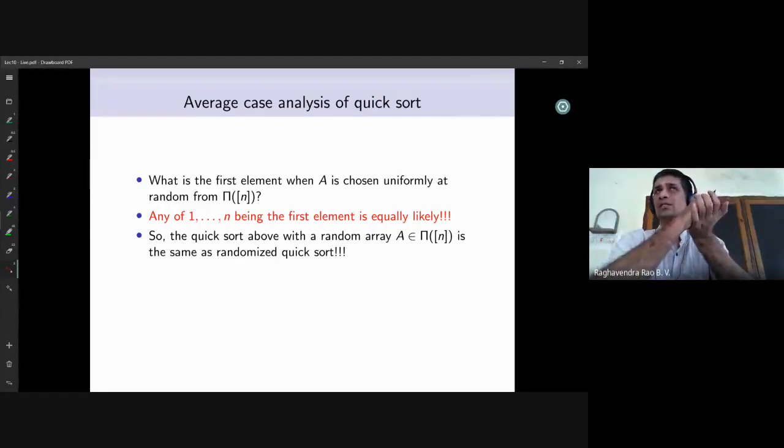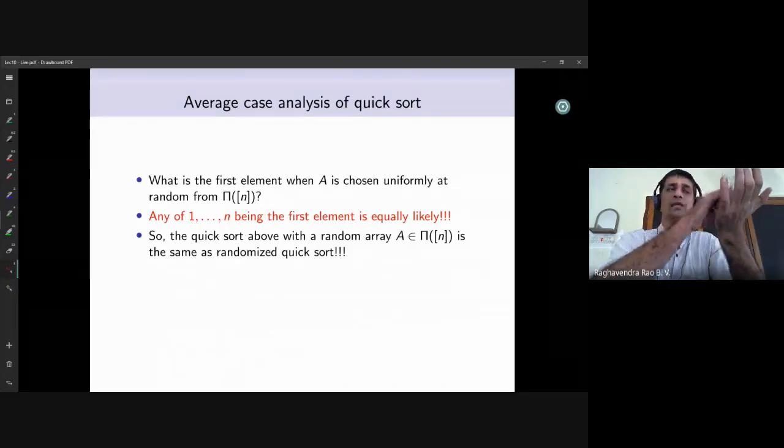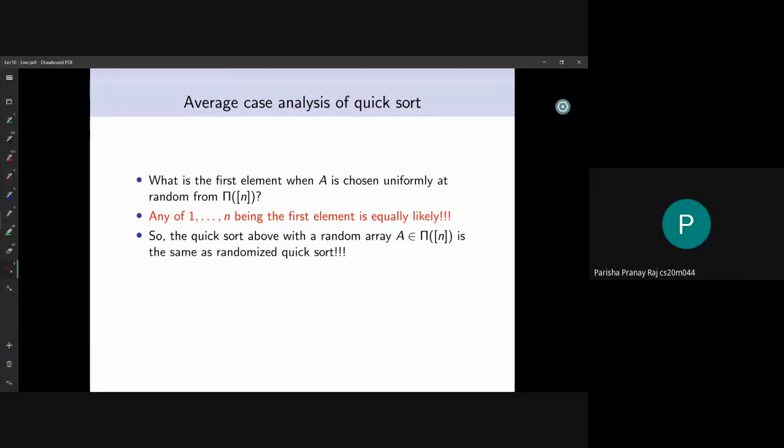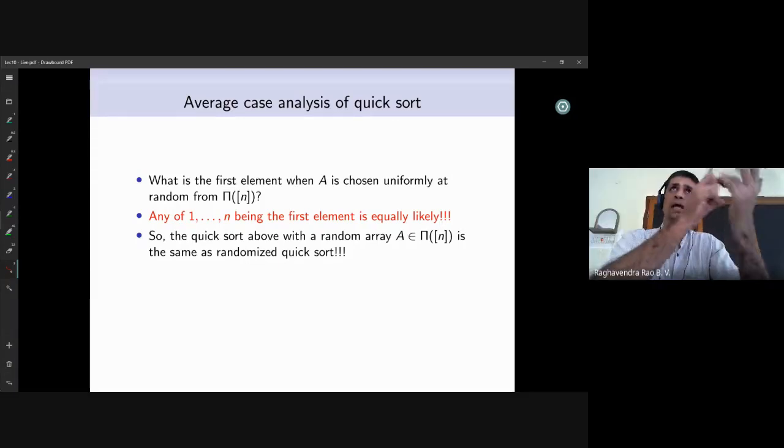So how do you analyze quicksort? You look at running time and take the maximum over all possible arrays of length n, right? Yes. So when you analyze, the input is fixed for you. When I say fixed, I mean it's not fixed, but an arbitrary fixed input.